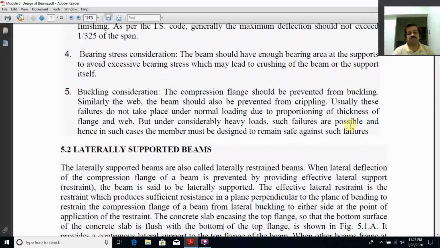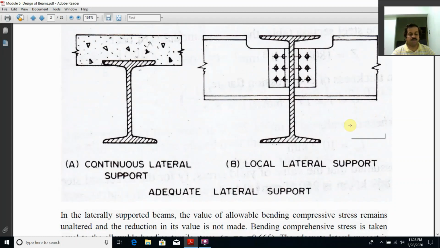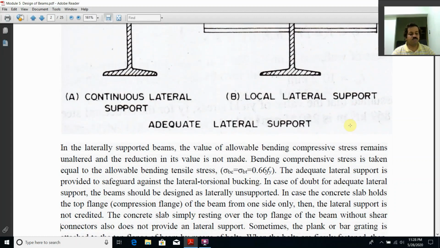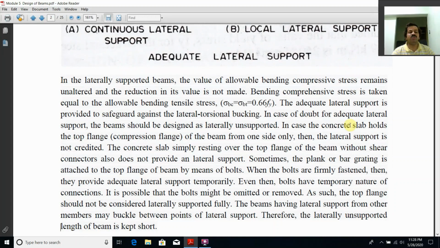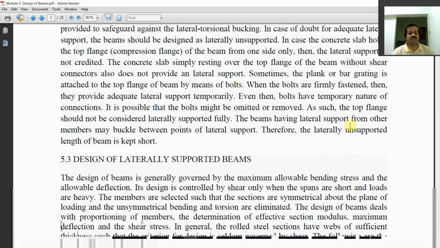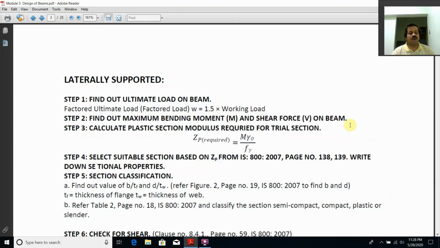As per the syllabus, we have only the design of laterally supported beams. So hence we will talk about the step-by-step procedure of designing a laterally supported beam. Like we learned in the 5th semester in the design of a T-beam, the same kind of problem will be given here.